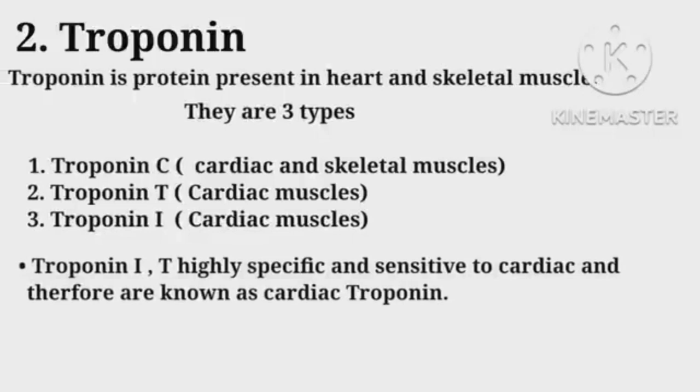Troponin. Troponin is a protein present in heart and skeletal muscles. There are 3 types: troponin C, troponin T, troponin I. Troponin I and T are highly specific and sensitive to cardiac muscle and are therefore known as cardiac troponin.